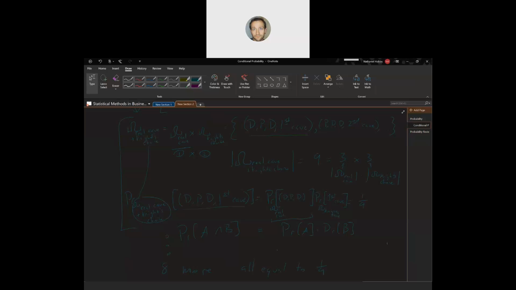So here we have a set of events, and here we have the probabilities of each of these events. 9 events, each with a probability of 1/9.